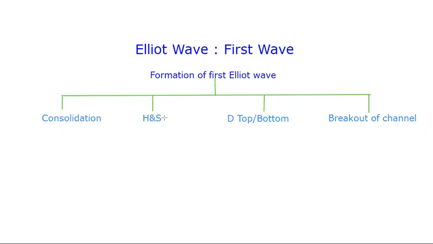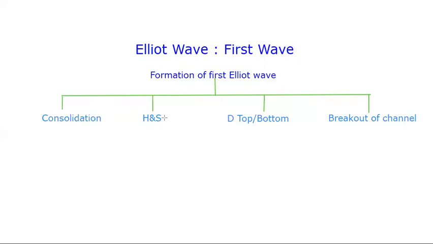Okay, so Elliott wave is independent of the time frame and independent of the instrument. That means you can count Elliott wave on any instrument on any time frame, even on a 1-minute chart or the monthly chart, right? It can be a stock, a commodity, a currency, a forex pair, anything.